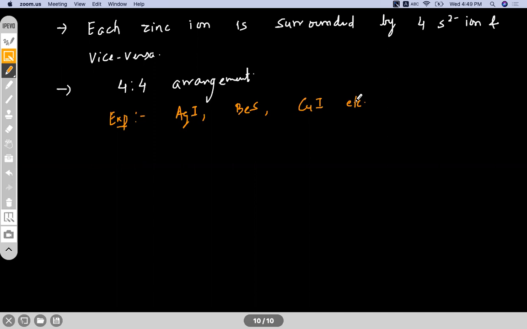Like I said, Zn2+ is present in half of the tetrahedral voids, so it is present in alternate tetrahedral voids.